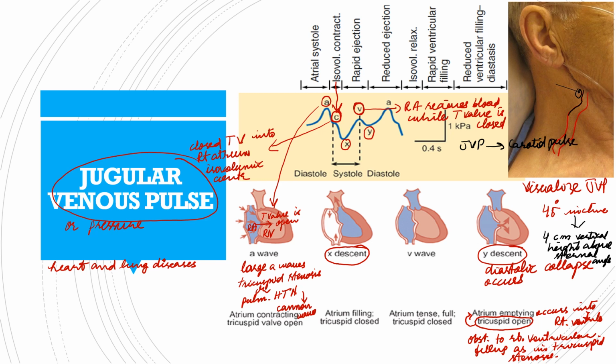There are three important ways by which we can differentiate this JVP from the carotid pulse. The first one is that the JVP is multiphasic. Multiphasic means it beats twice.